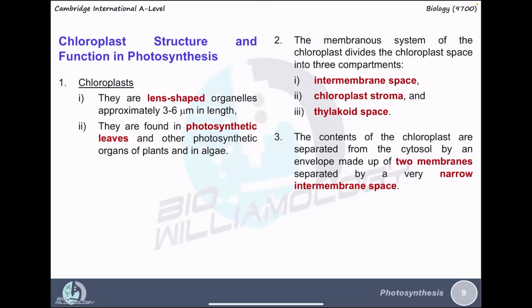The contents of chloroplasts are separated from the cytosol by an envelope made up of 2 membranes separated by a very narrow intermembrane space. When we use the word envelope, the envelope actually represents 2 membranes, the outer membrane as well as the inner membrane.